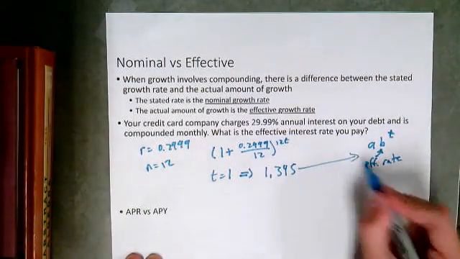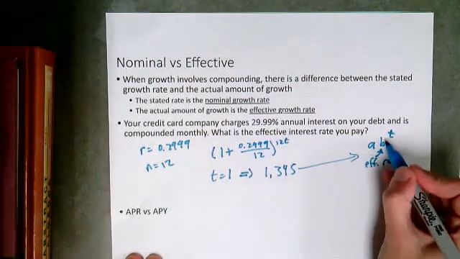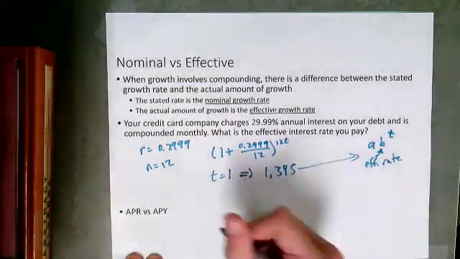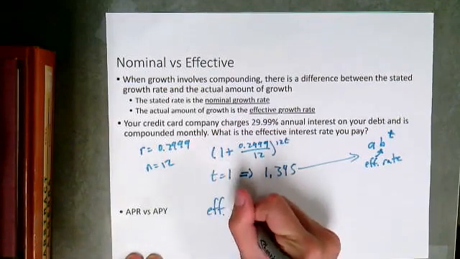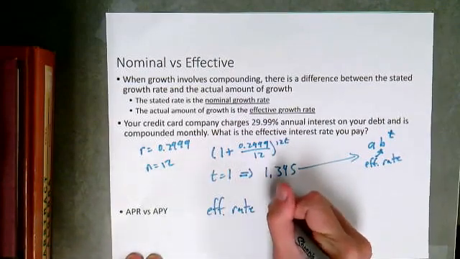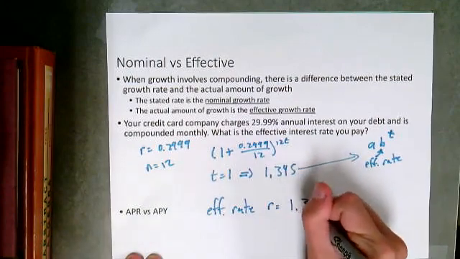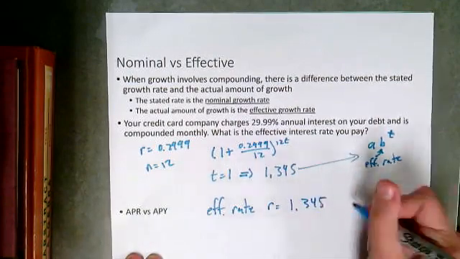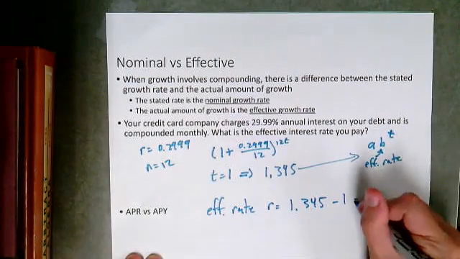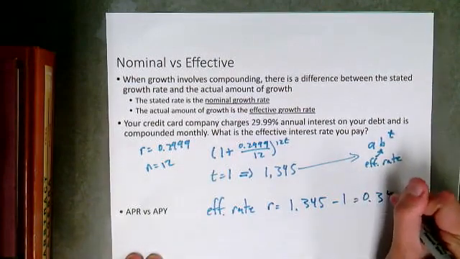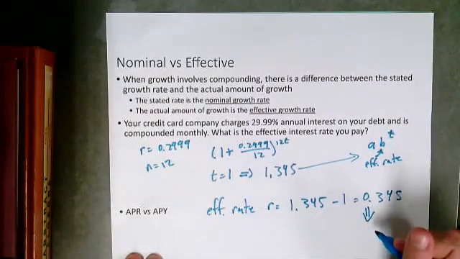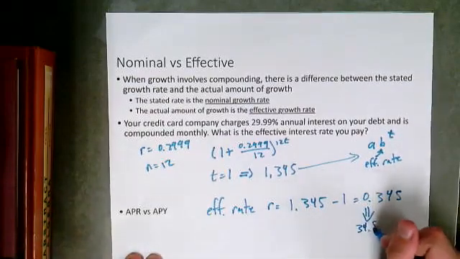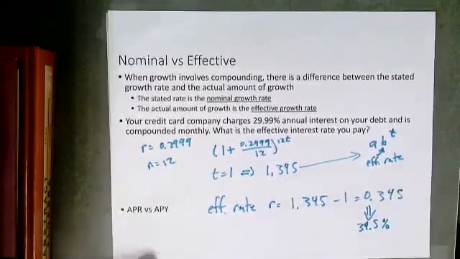And that is going to be your B value, which is going to be the effective rate. So your effective rate, R, is going to be 1.345. Subtract 1 off, and we get 0.345, which is 34.5%. Okay.